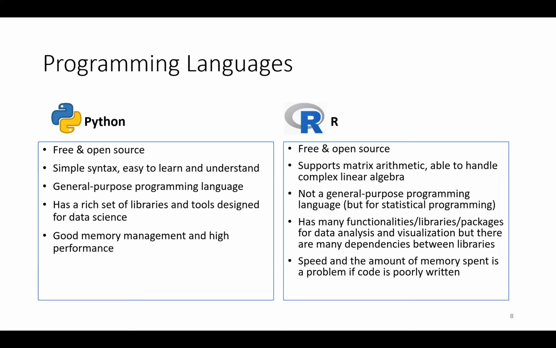Basically, I teach data science with both of these. In some semesters I taught the data science course based on Python, and in other semesters I used the programming language R to teach the data science course.